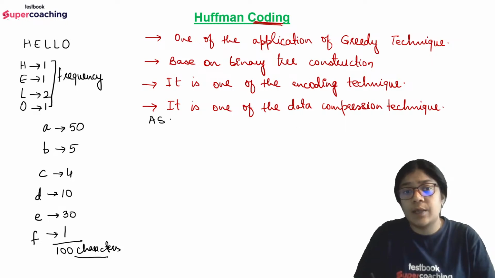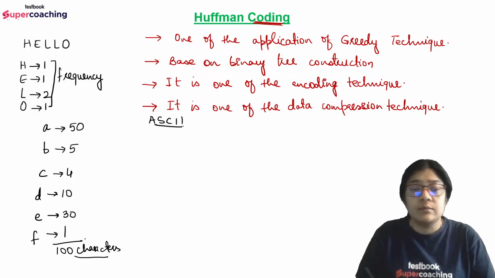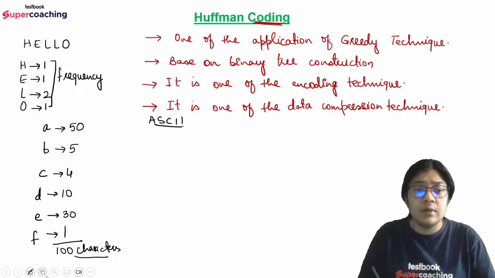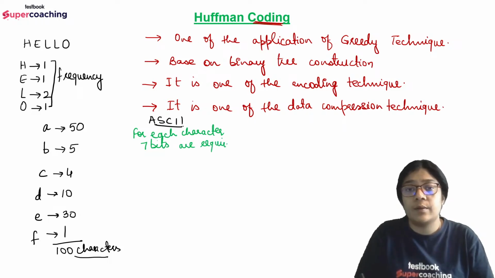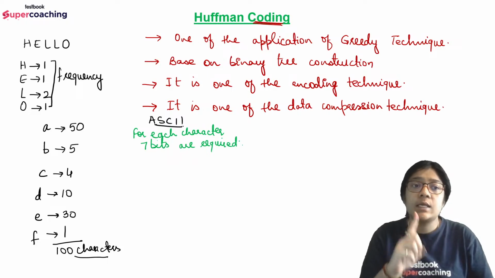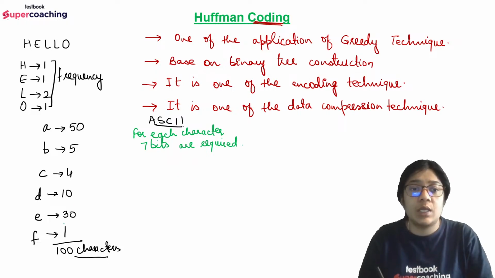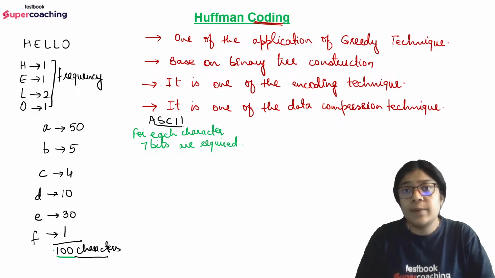With the concept of ASCII, let's say for each character, 7 bits are required. अगर एक कैरेक्टर को सेंड करने के लिए 7 बिट्स चाहिए, तो 100 कैरेक्टर्स के लिए कितनी बिट्स चाहिए? ऑब्वियसली इट विल बी 700.